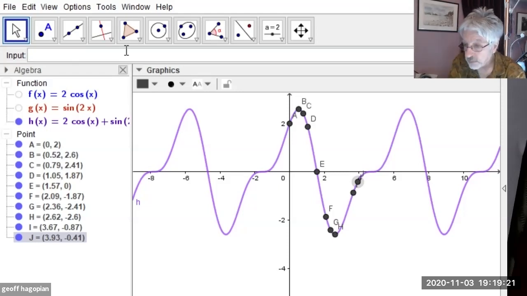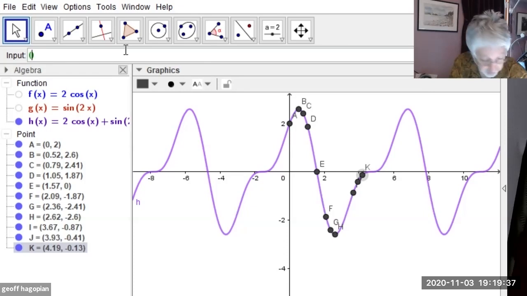So we say 4 pi over 3, comma, h of 4 pi over 3 is that point. And then I'm going to have 3 pi over 2, 0, right? That's a 0. So 3 pi over 2, comma, 0.